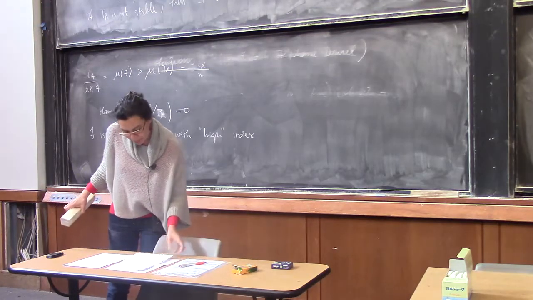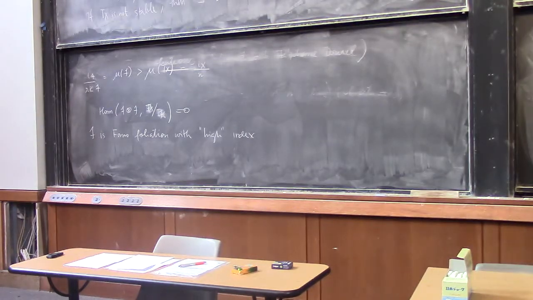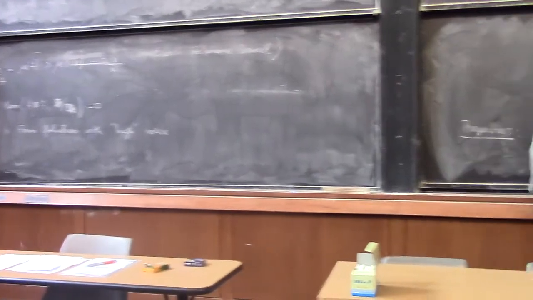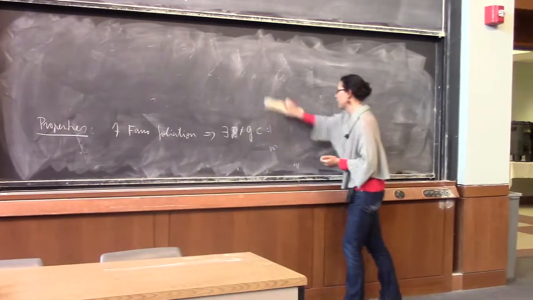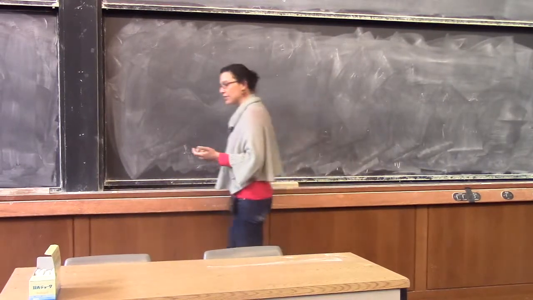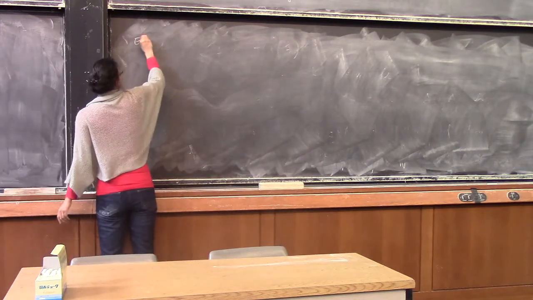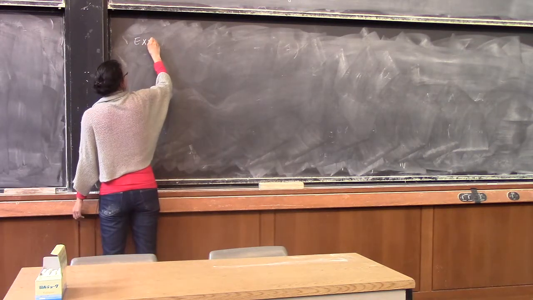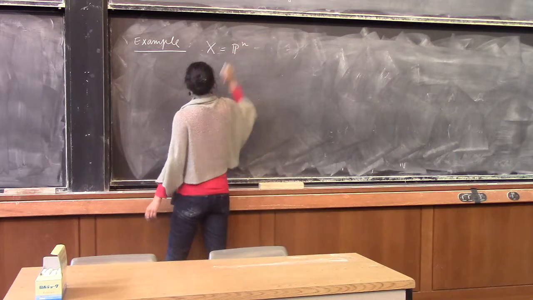Okay, so our goal then is going to be to try to say something about Fano foliations with high index. So the first natural question that comes up is, how large can the index be? So let me just describe an example, the easiest case, the case of P^n. So what happens when X is equal to P^n?